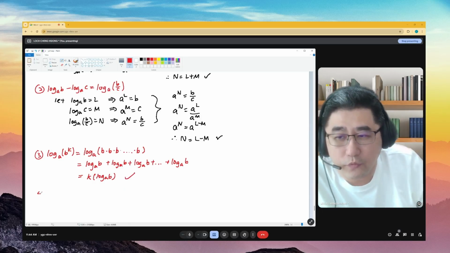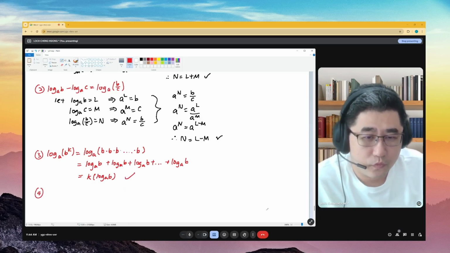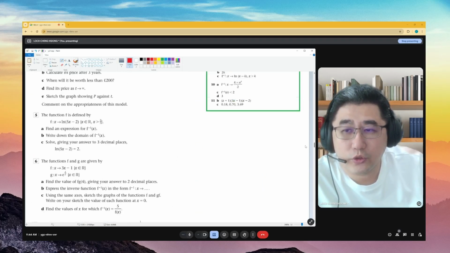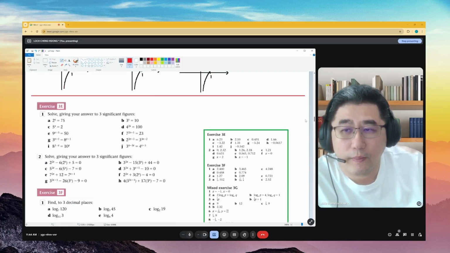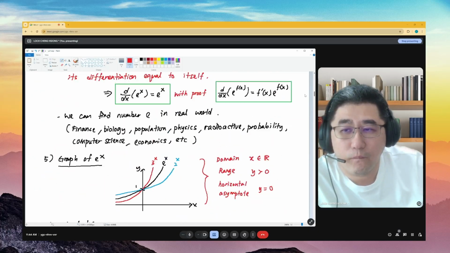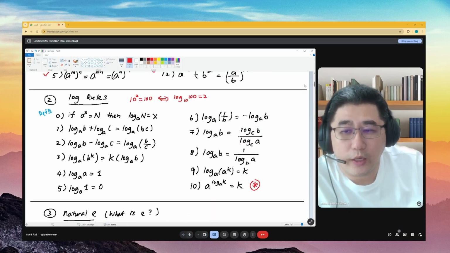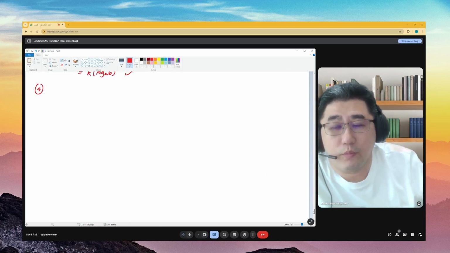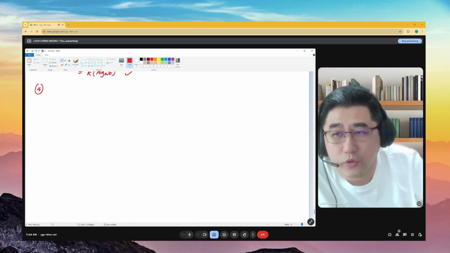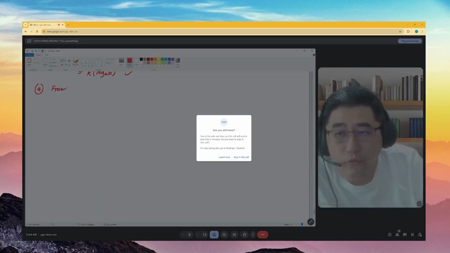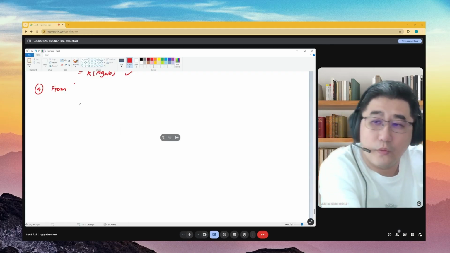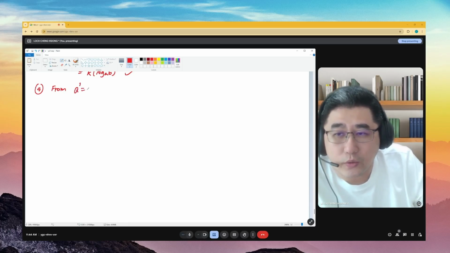Okay, number 4 is log_a a. From the indices rule, a power 1 equals a.